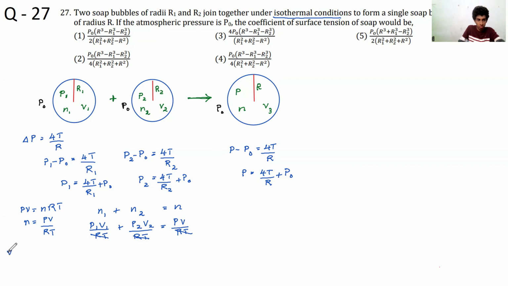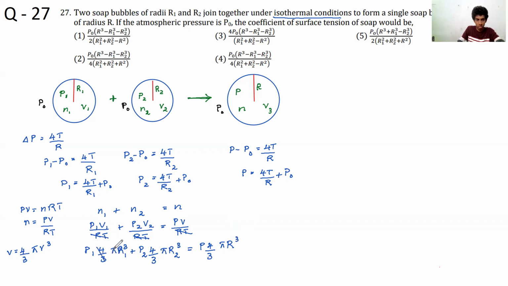Then, as the volume is equal to 4 over 3 pi r to the power of 3, we can replace volume with this term. So therefore, P1 into 4 over 3 pi r1 to the power of 3 plus P2 into 4 over 3 pi r2 to the power of 3 is equal to P into 4 over 3 pi r to the power of 3.